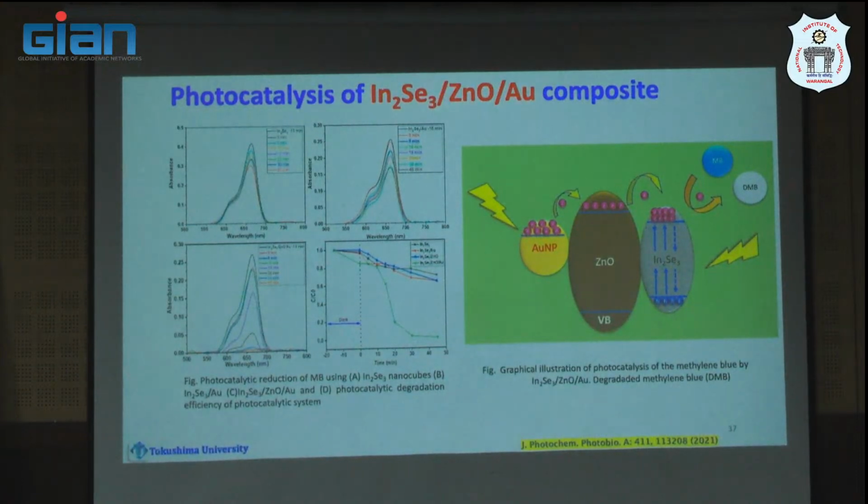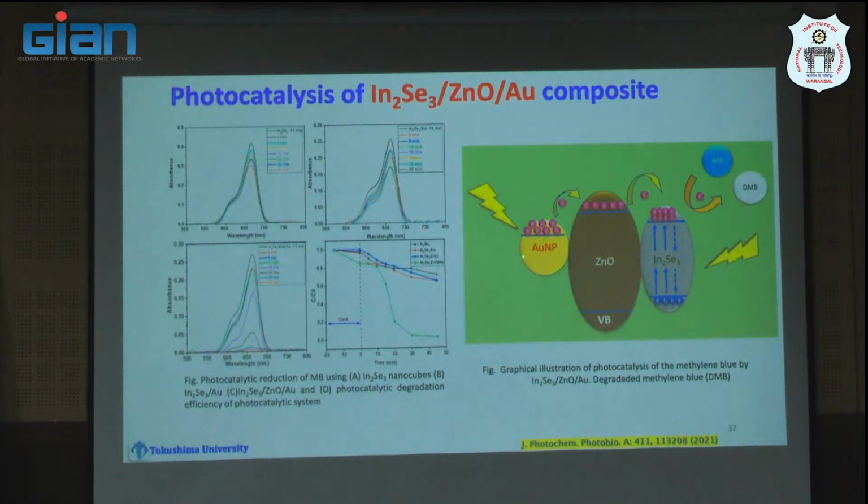Within a certain time, it can show better photocatalysis performance. So this shows that a combination of semiconductor oxide material, two-dimensional material, and metal nanoparticle can give better performance.